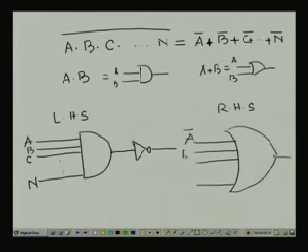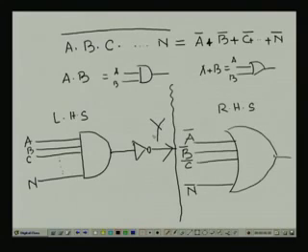In the left hand side the variables were a, b, c up to n, here all are complemented. This will be my output y.